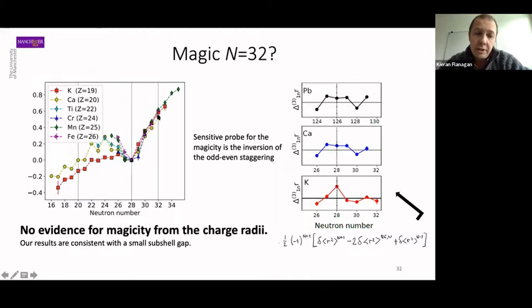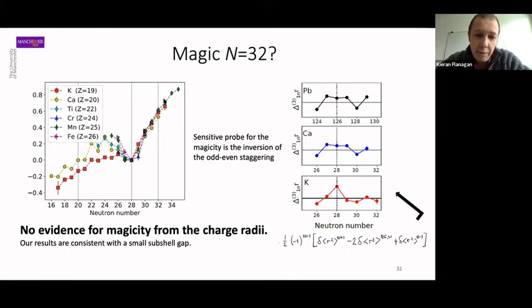Now, that's not to say that n equals 32 is not a shell closure. What it means is that we don't see evidence for a shell closure from these charge radii measurements in the traditional kink that we see in the heavier systems.